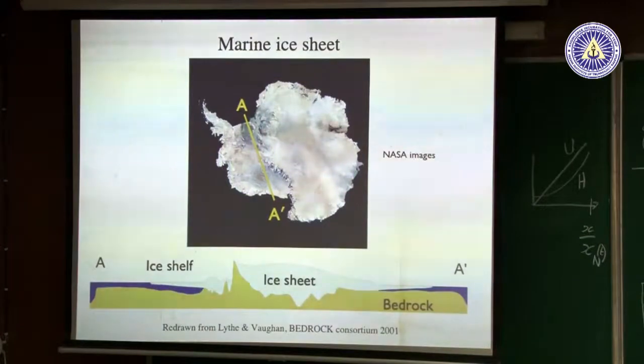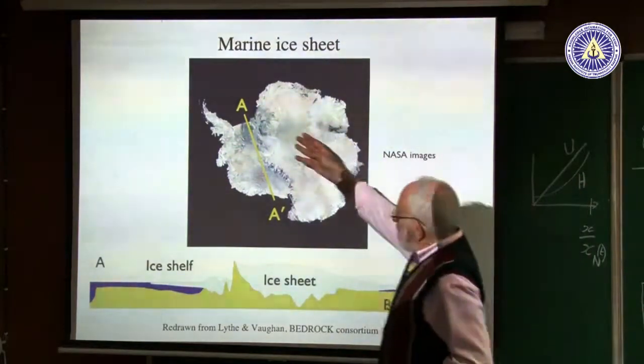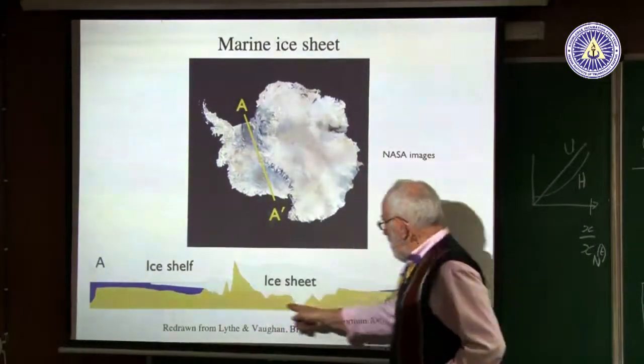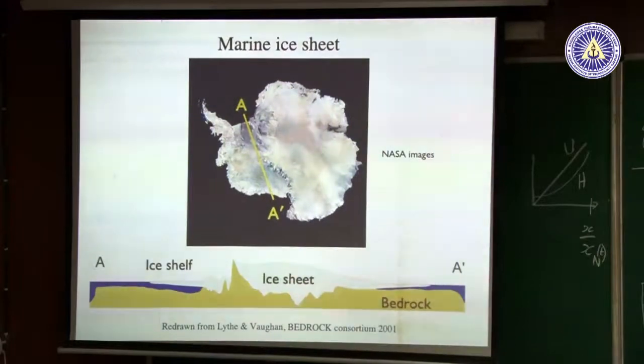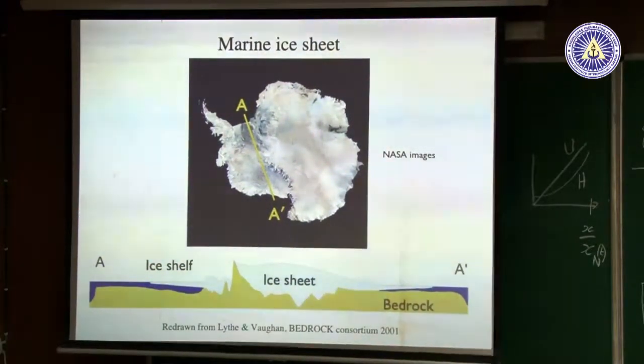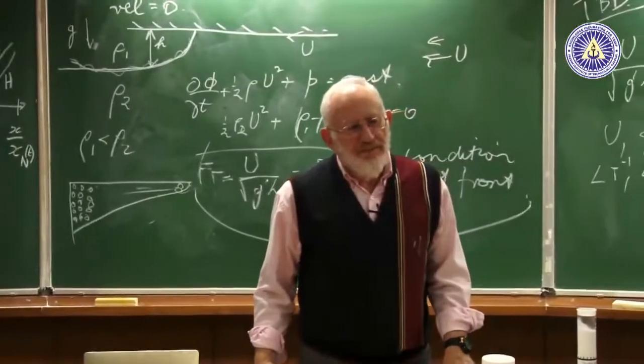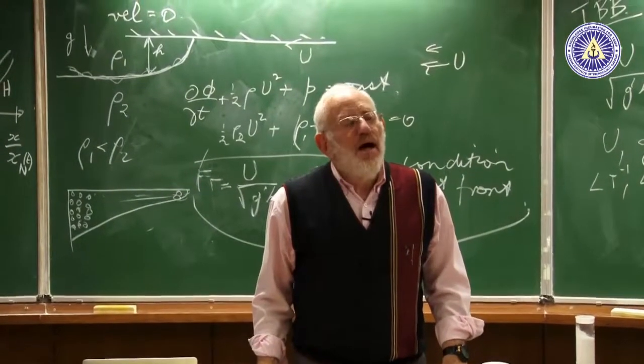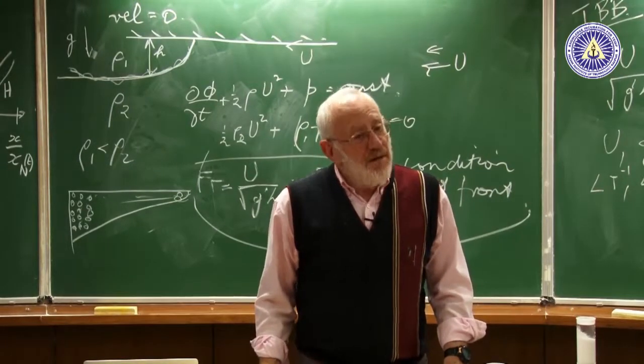Well, it's more difficult than I've indicated, because in some parts on the west of Antarctica, the bedrock, yeah. Sorry, you showed an experiment earlier for the gravity current, where the difference between Newtonian and non-Newtonian did not matter. And now you're saying it does matter for something.